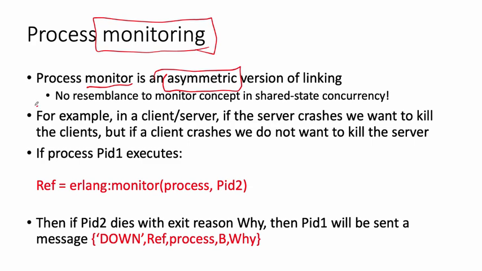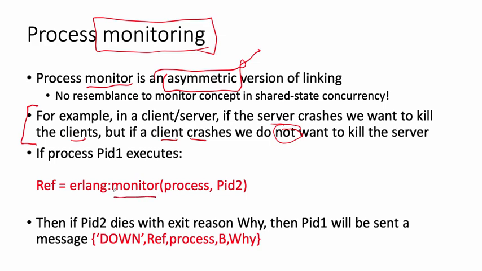So if a server crashes in a client-server setup, maybe we want to kill the clients. But if a client crashes, we do not want to kill the server. Maybe we have 1,000 clients talking to a server. If a client crashes, there's no reason to kill the server. So it's an asymmetric version of linking for when we don't want to kill certain processes.